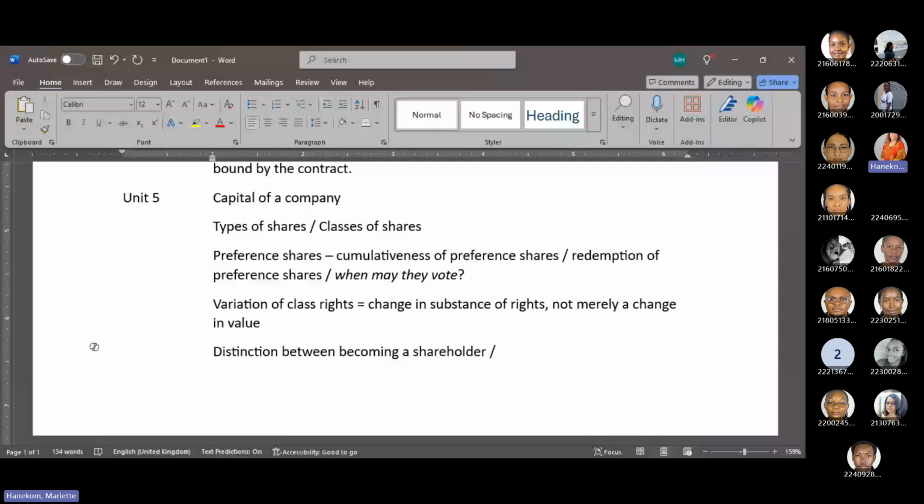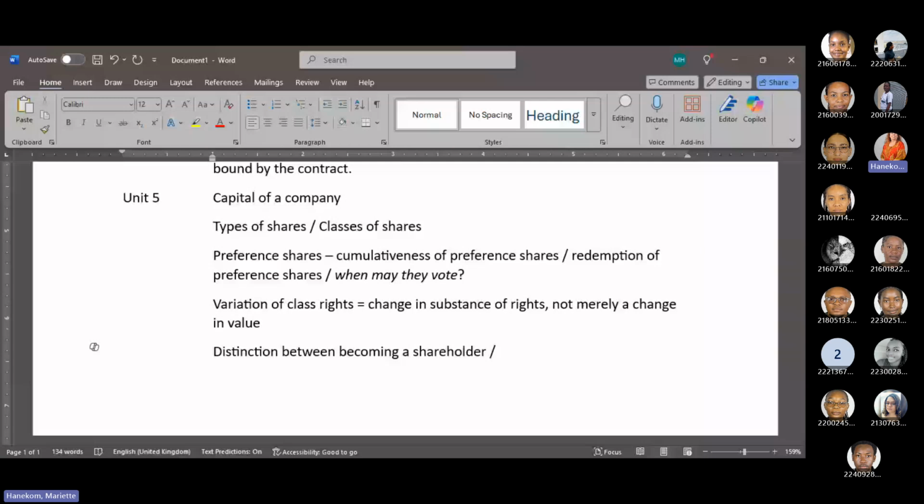You pay the company. These are new shares. Or by acquiring existing shares from an existing shareholder. One shareholder sells their shares to another shareholder. These are existing shares, and payment is paid to the shareholder, not to the company. Distinguish this, don't confuse the two.